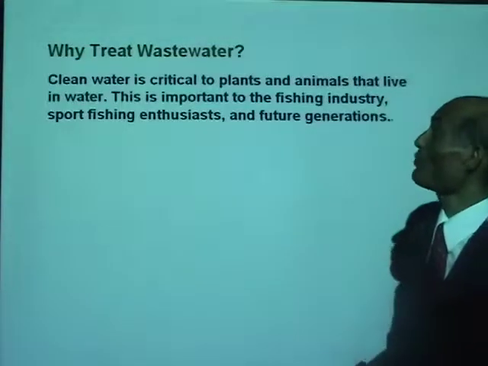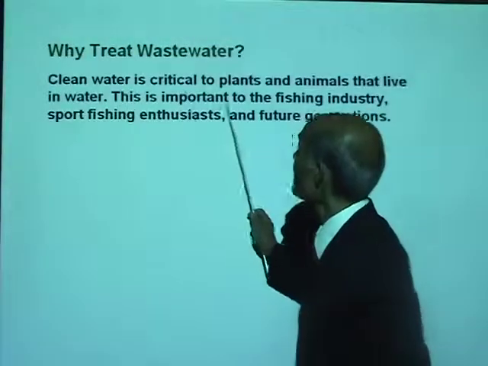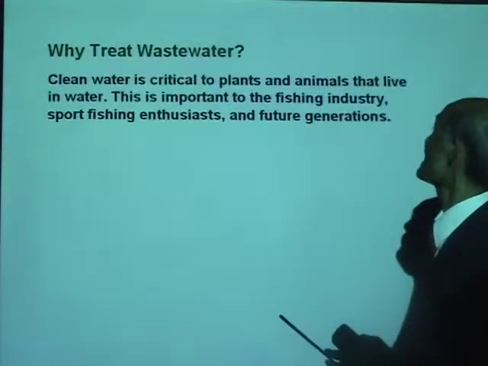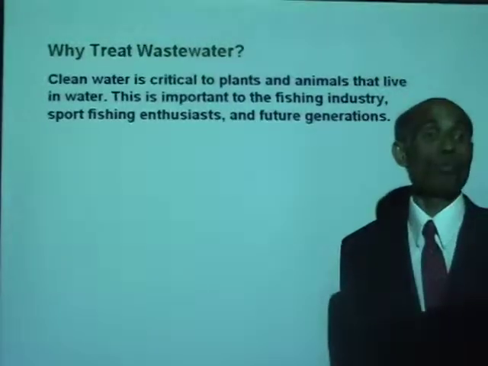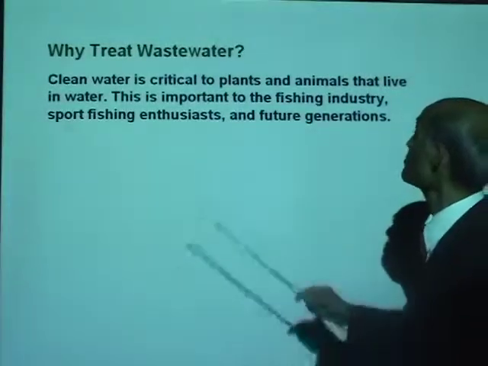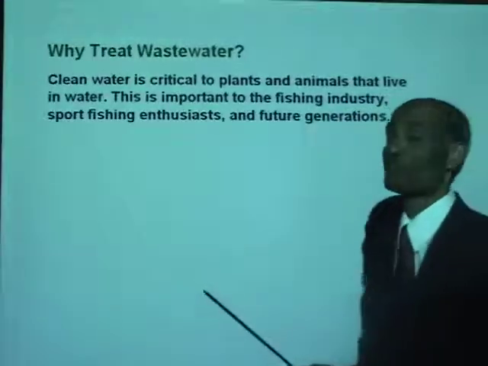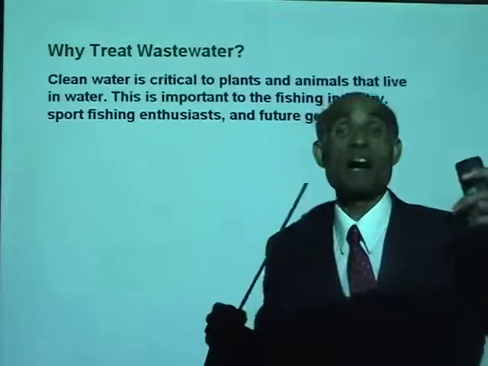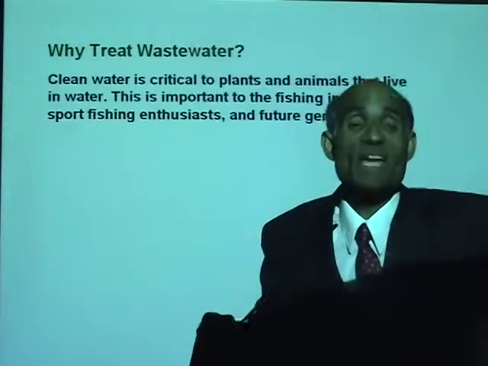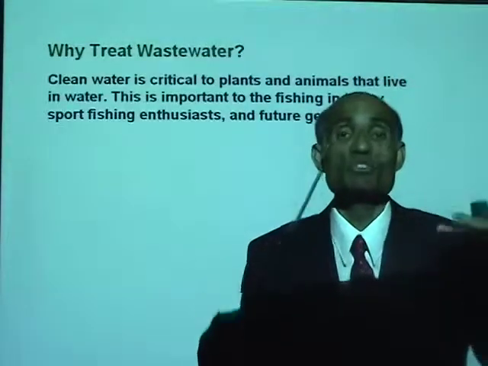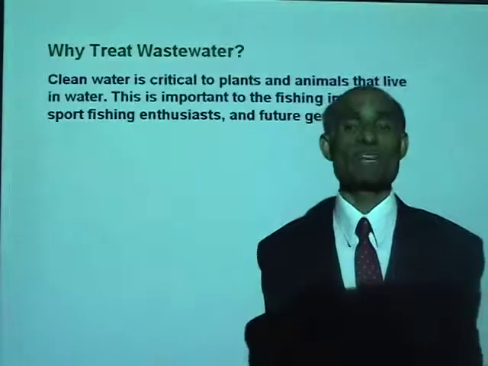Why treat wastewater? Because clean water is critical to plants and animals that live in water. This is important to the fishing industry, sport fishing enthusiasts, and future generations. There was a time the river Thames was so polluted, no fish would even grow in it.